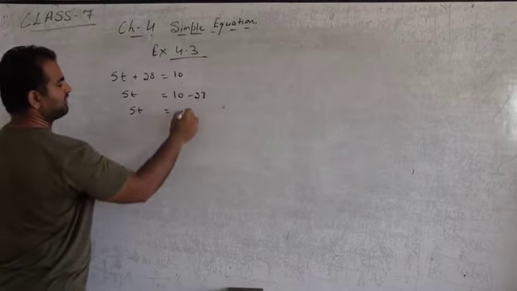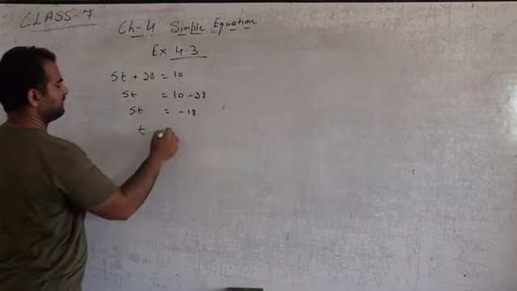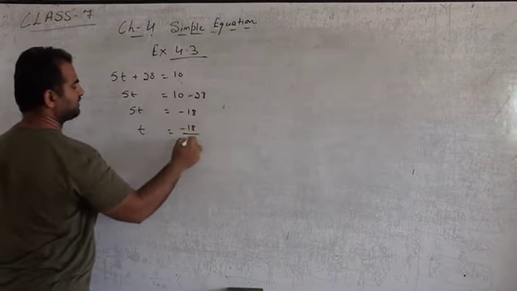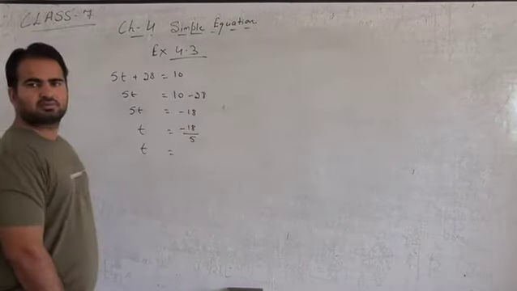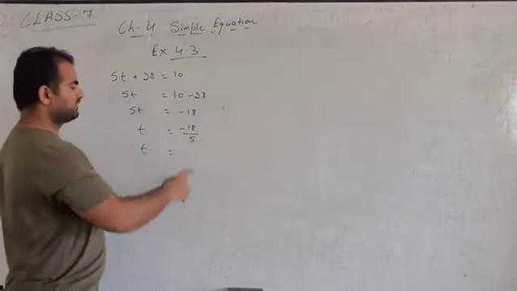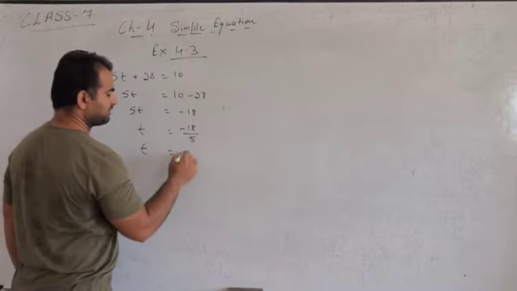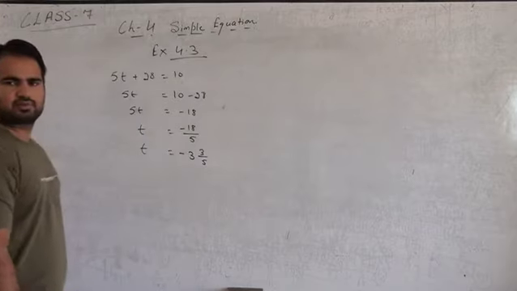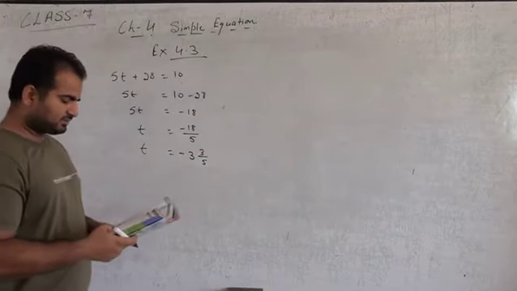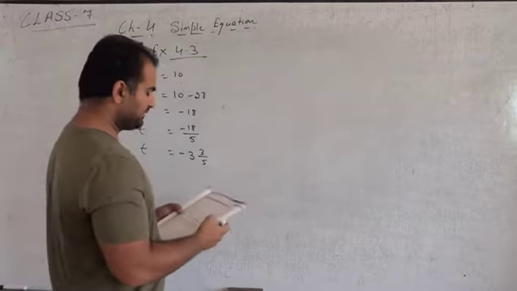It's minus 18, and t will be minus 18 by 5, or we can change it into a mixed fraction. So 5 threes are 15, minus 3 and 3 upon 5. Done.